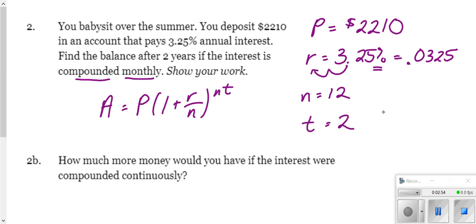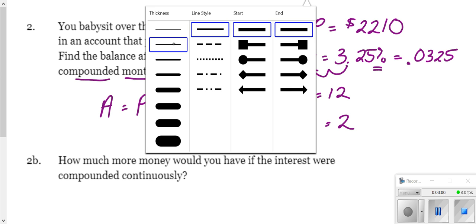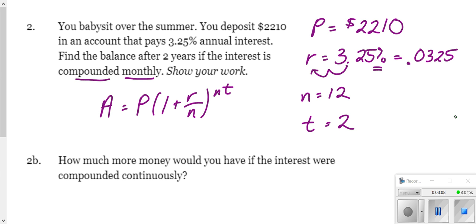I'm going to put those values into my formula and carefully work on my calculator. Now, if you try to plug all of this into your calculator at once, there are some tricky places where you do need to make sure that you have your parentheses right so that the calculator is doing order of operations in the way that you intend it to, right? It only is going to solve the problem that you type in.